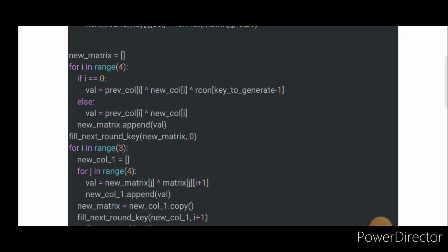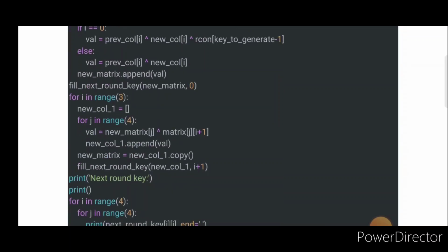Then the third byte by 2 positions, and lastly the fourth byte by 3 positions. After shifting, each byte is substituted with a value from the substitution box, providing a non-linear transformation. These operations are essential for ensuring the confusion and diffusion properties in AES encryption, making it resistant to various cryptographic attacks.